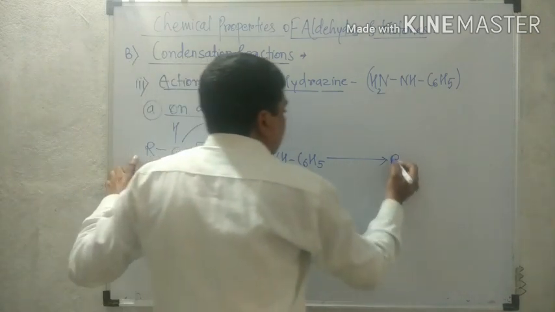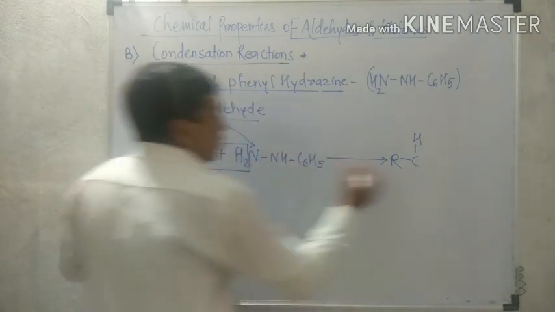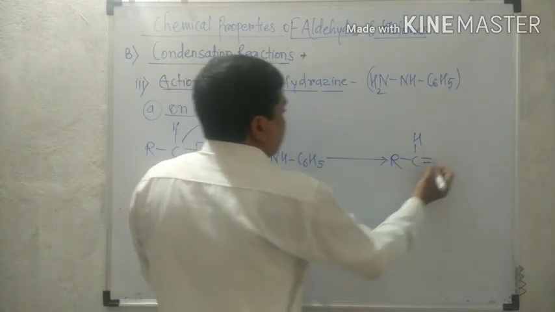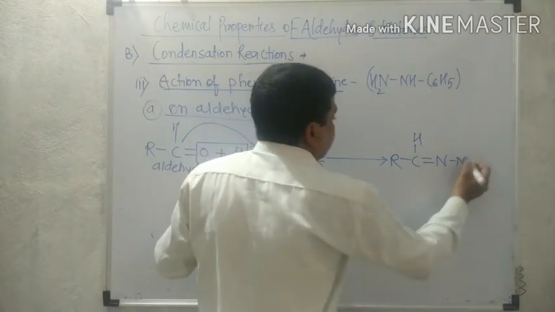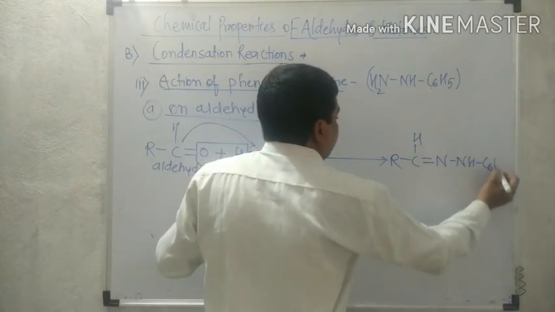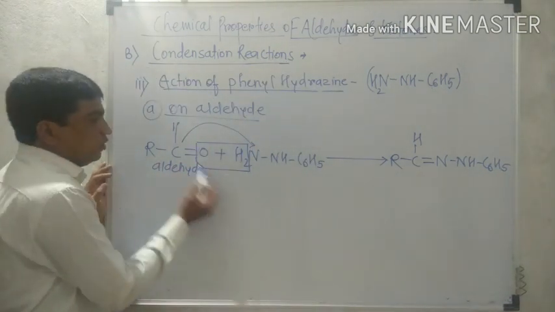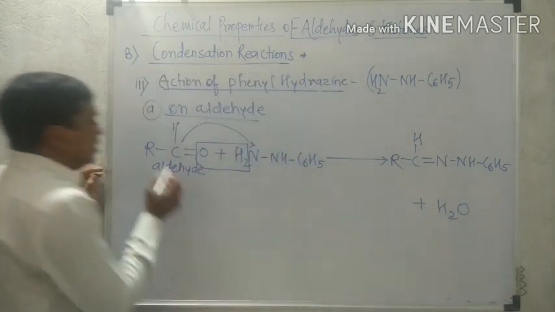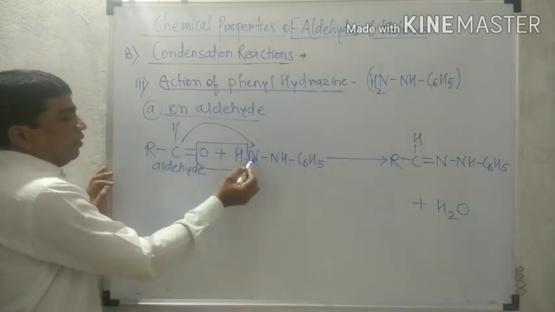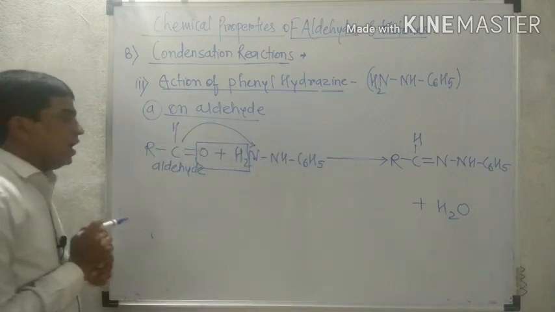So here RCH=N-NH-C6H5. After removal of water as a byproduct, the double bond of carbon forms with the nitrogen and the remaining structure stays as it is.